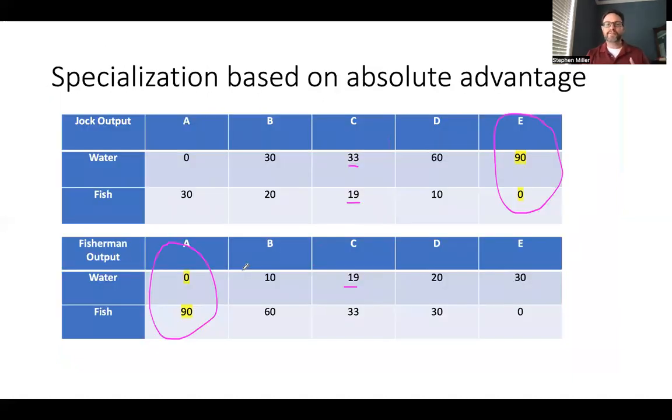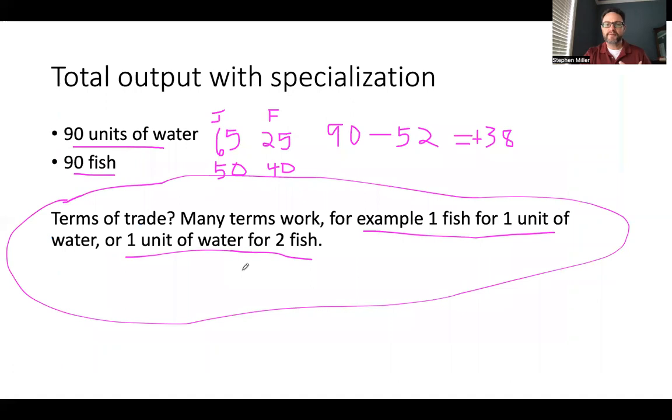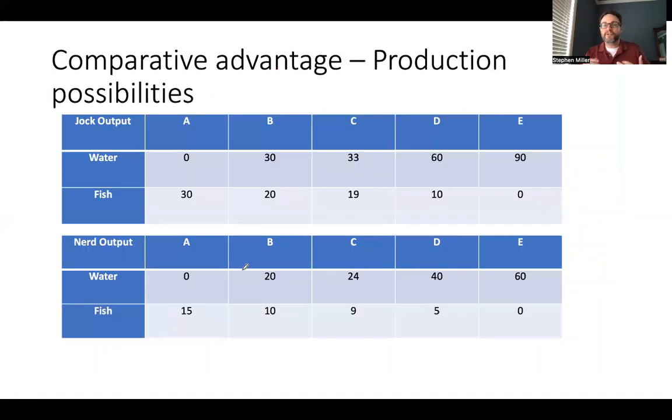Well, what does this mean for them? Well, the jock shows the nerd the ropes. He shows him how to survive on the island, how to catch fish, how to gather water. And here's what they observe. They observe that when the nerd does nothing but catch fish, he is really not good at it. He can only catch 15 fish a week.